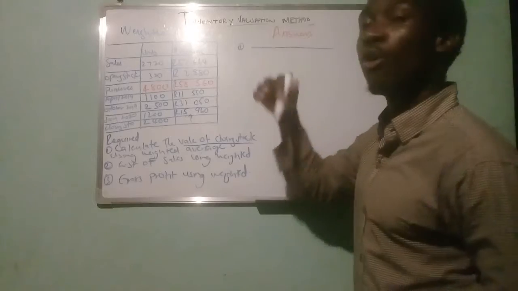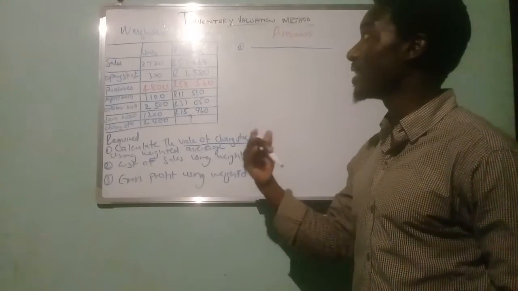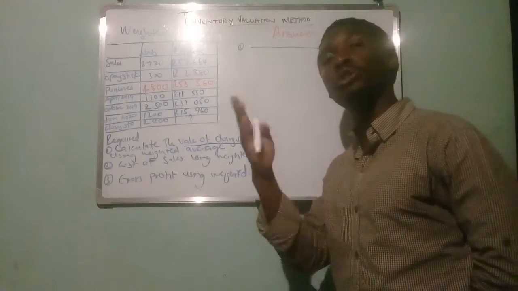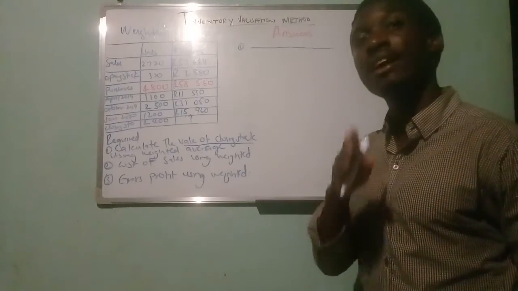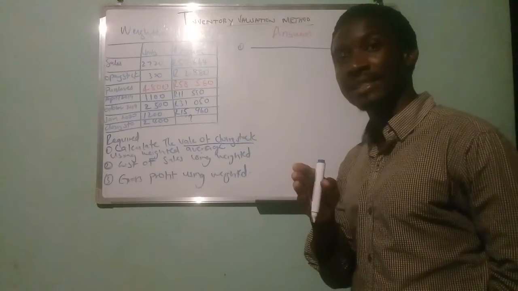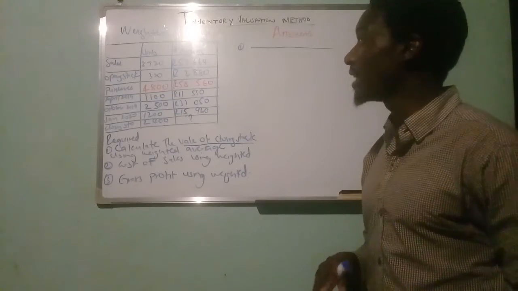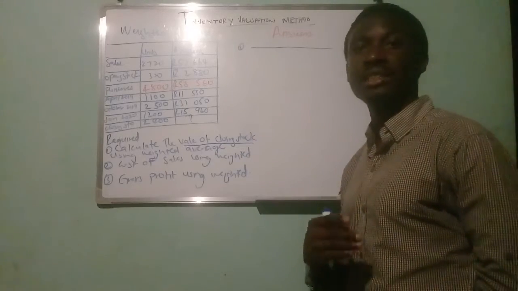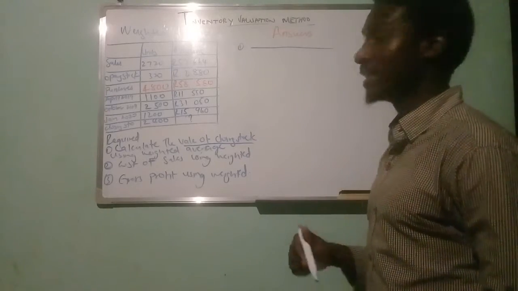The formula is very simple: opening, add purchases, add carriages, add import duties or any expense related to inventory, and minus returns. We do the very same thing with the denominator: opening stock units, add purchases, and also minus returns.